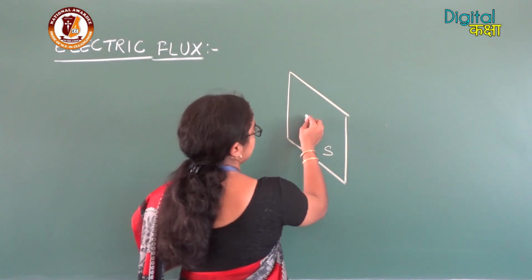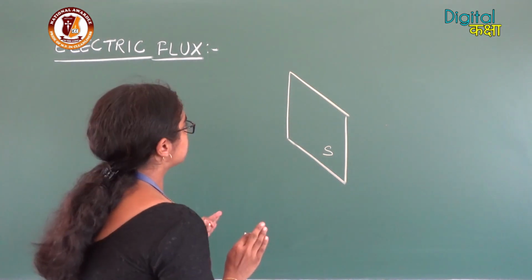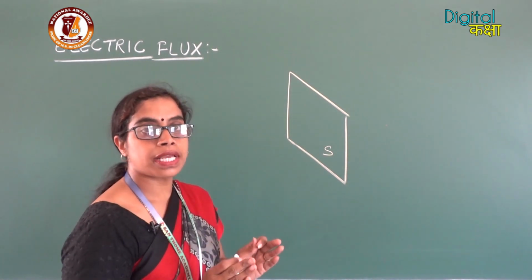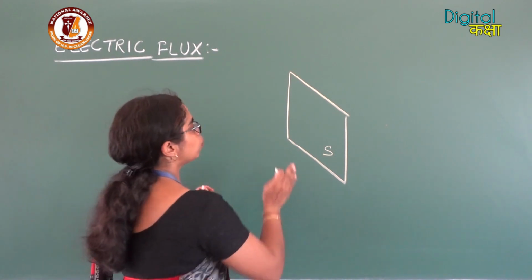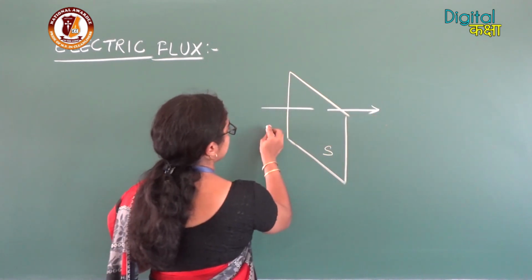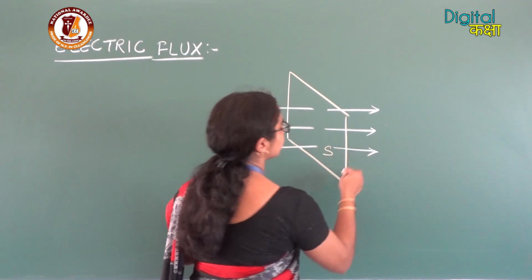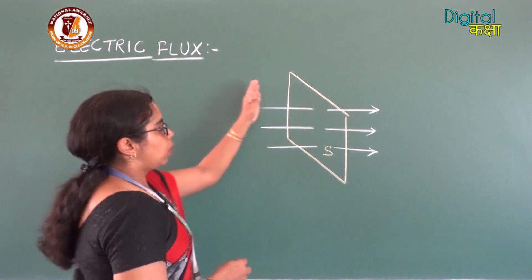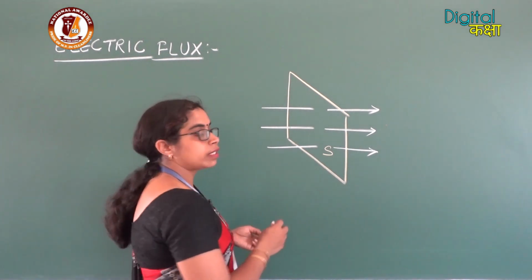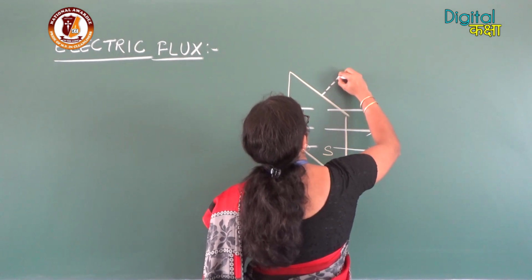Now, in this region, the electric field lines are given, and as we said, the electric flux is the number of electric field lines passing normally through a given area. So, let us say these are the electric field lines. In that case, on this surface, if I have to draw a normal vector, it can be drawn in this manner.